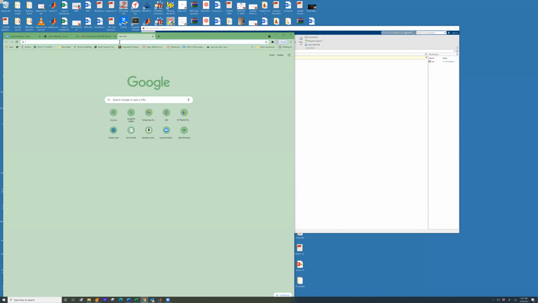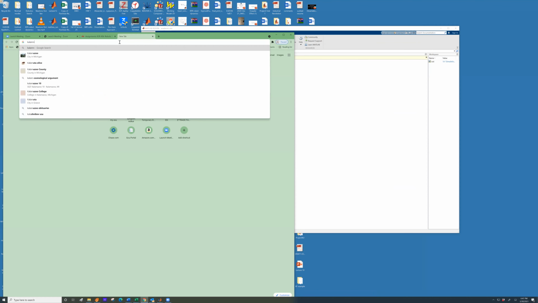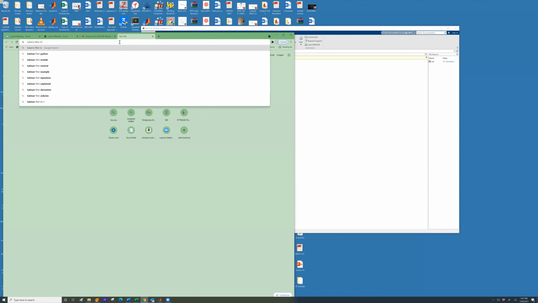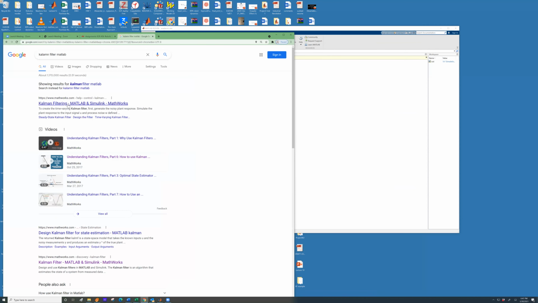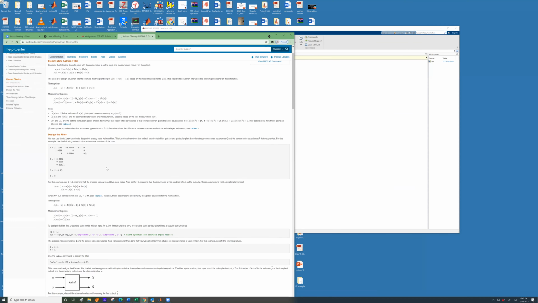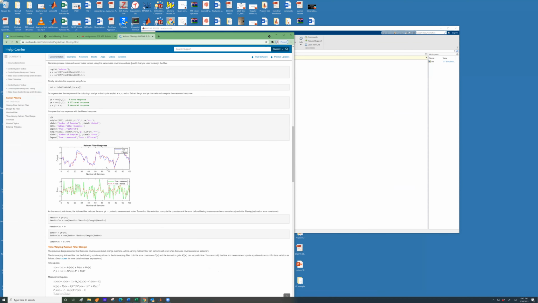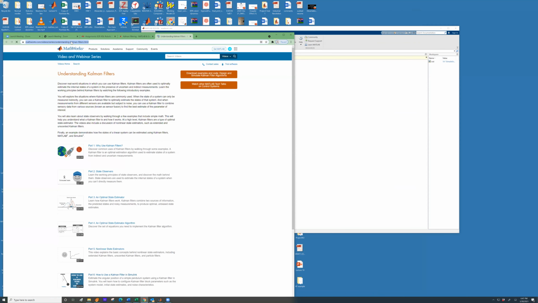And I just want to show you another good resource, Kalman filter MATLAB. So here is the resource on what the Kalman filter is and how it is done using MATLAB.